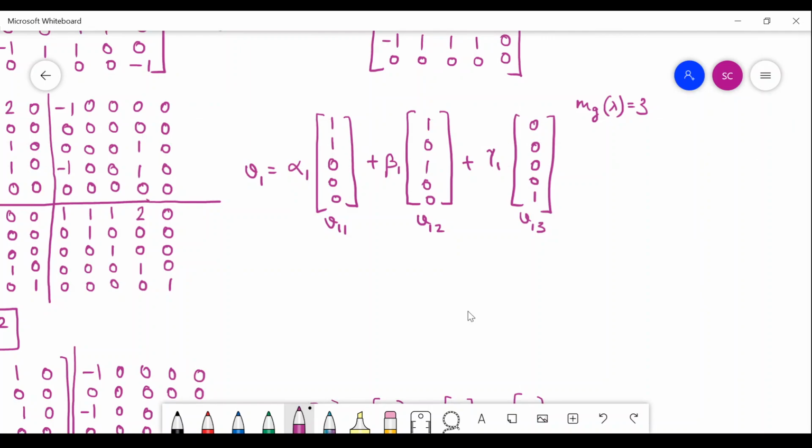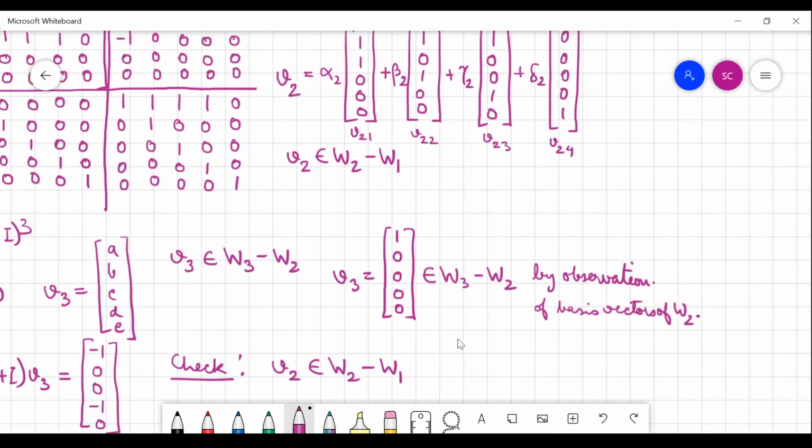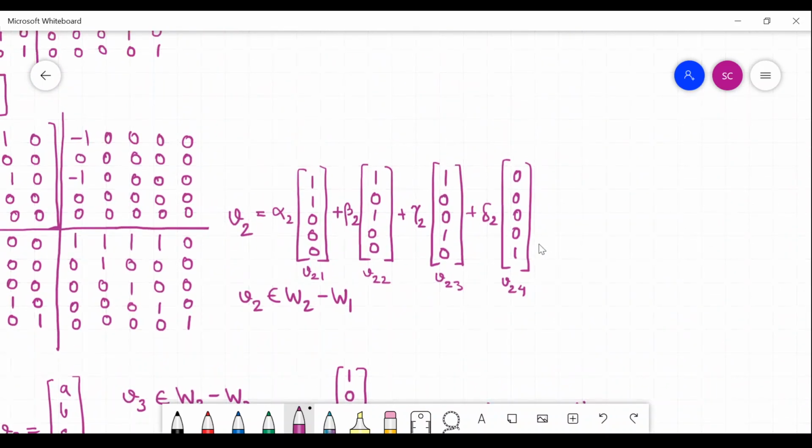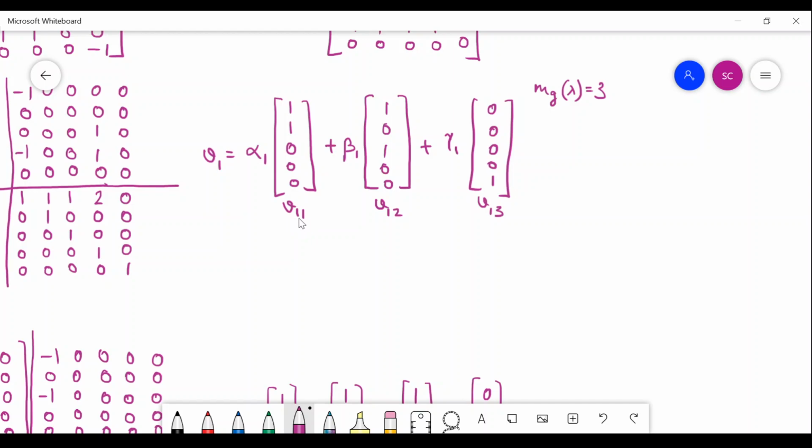you would see that your V2 that you have found out, okay, let me see once. Yeah, V2 that you have found out cannot be composed by the basis vectors V11, V12, V13.